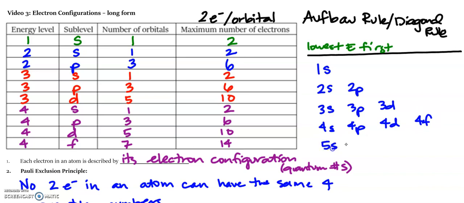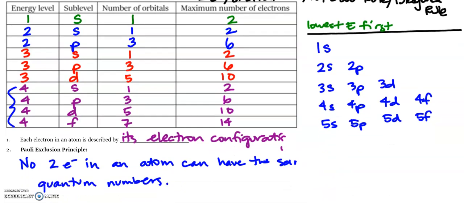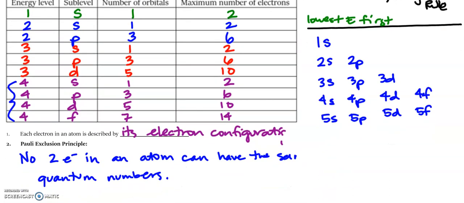In the fifth, there's S, there's P, there's D, and there's F. So when I do these over here with the 4, you could replace them with 5, 6, and 7. I'm going to erase this so I have some space here. All right, so we've got 6s, 6p, 6d, 6f, and then 7s, 7p, 7d, and 7f.